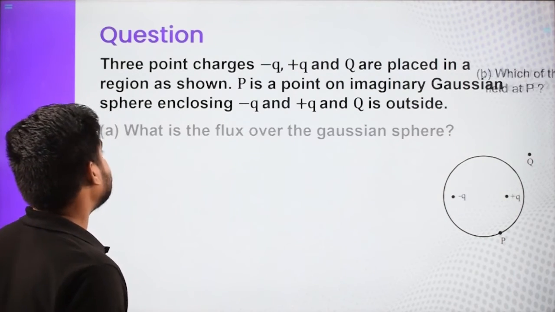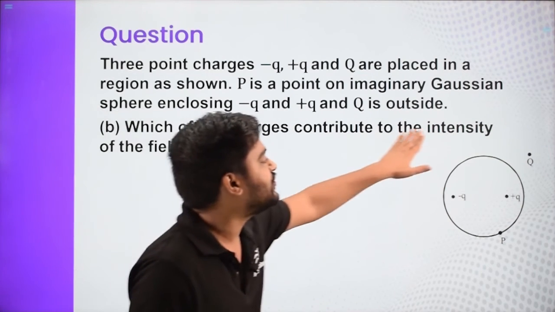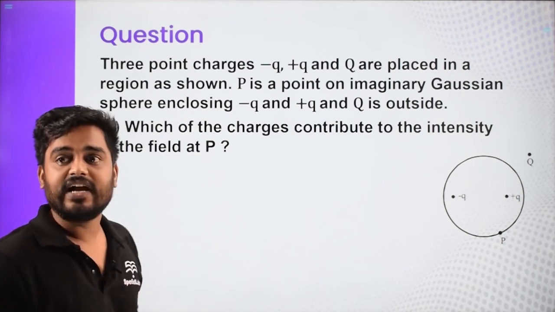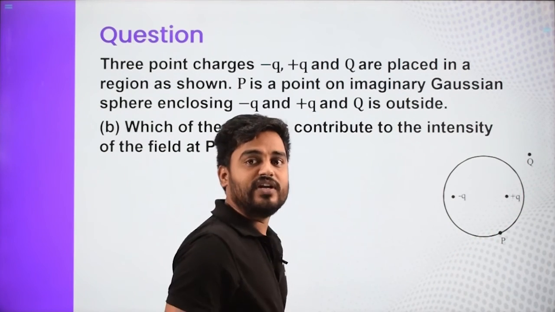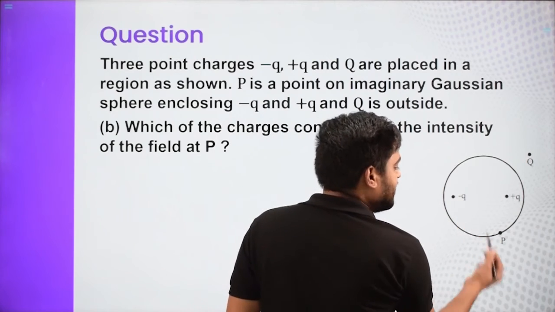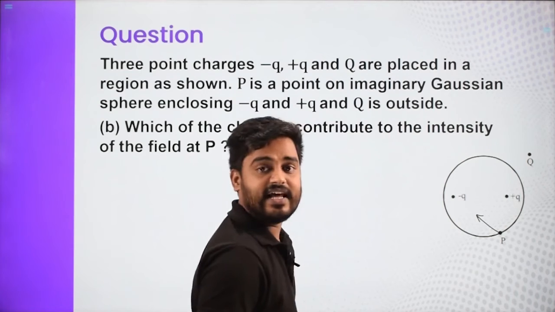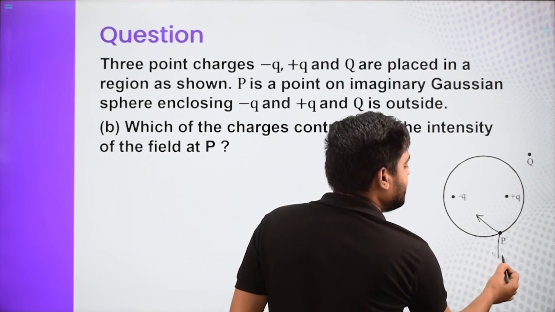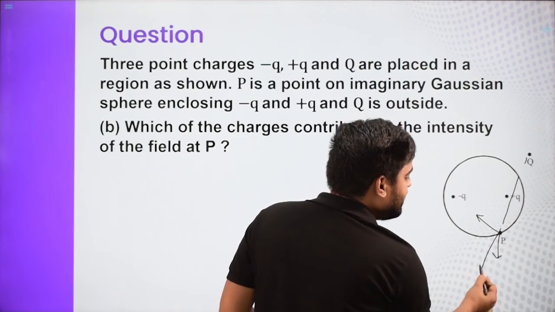Let us look at the second question. Which of the charges contributes to the intensity of the field at P? At this particular point, which charges contribute? The negative charge will produce an electric field intensity like this, this one will produce an electric field intensity like that, and this one will also produce an electric field intensity in that region.